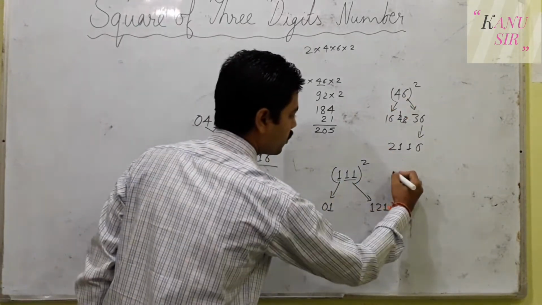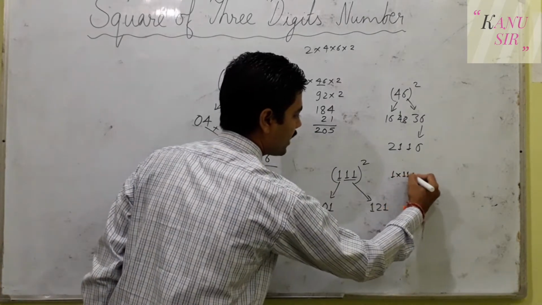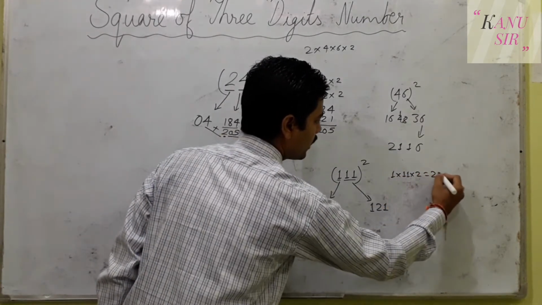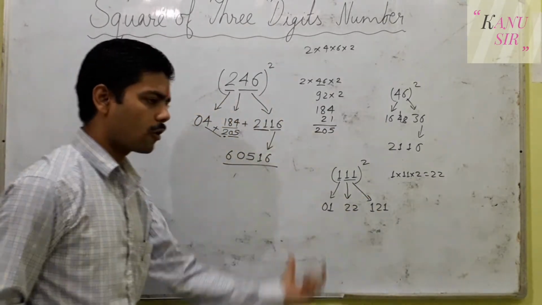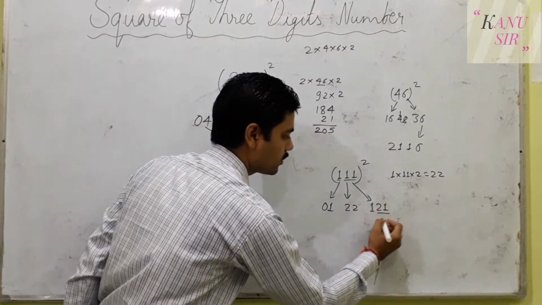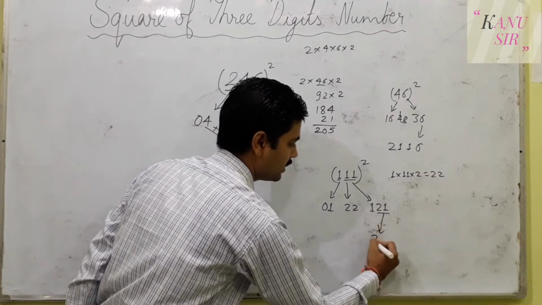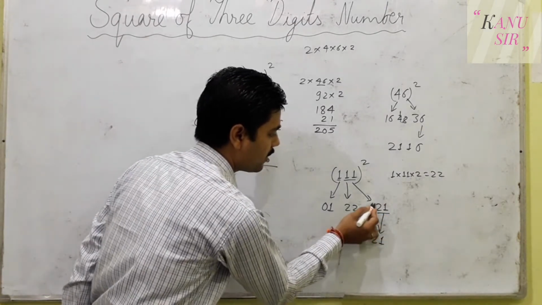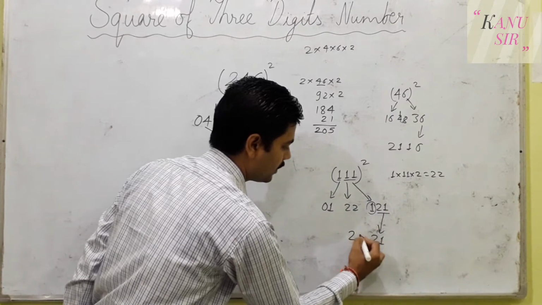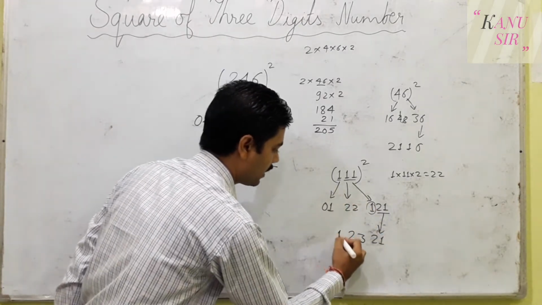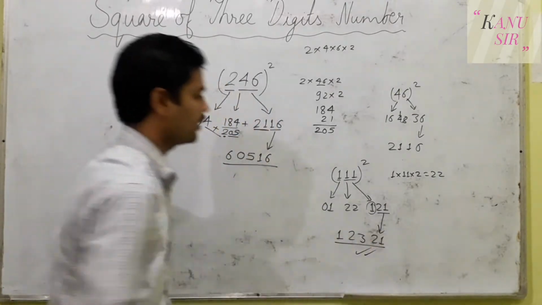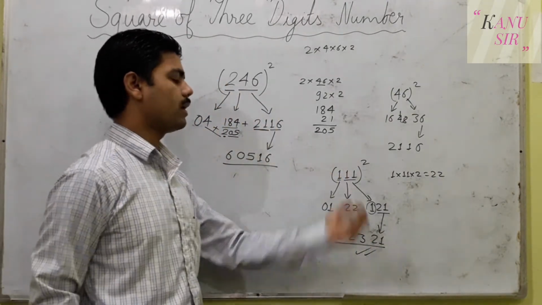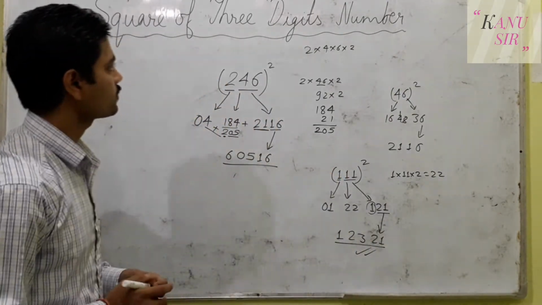After that, the product of 1 times 11 times 2 will come 22, and I have said we have to just drop 2 digits. So here dropping 2 digits is 21, the remaining 1 will be added with 22, then it becomes 23, and 01 is 1. So 12321 is the square number for 111.